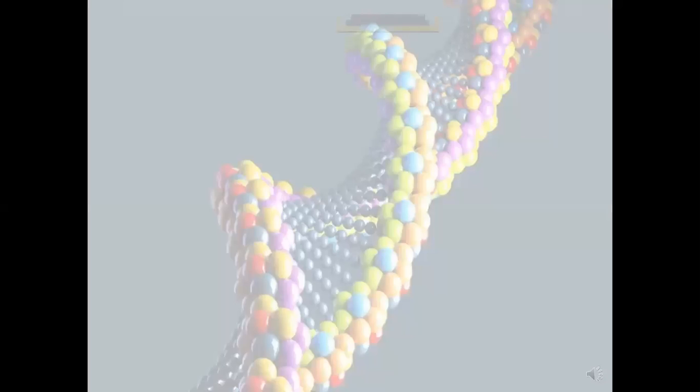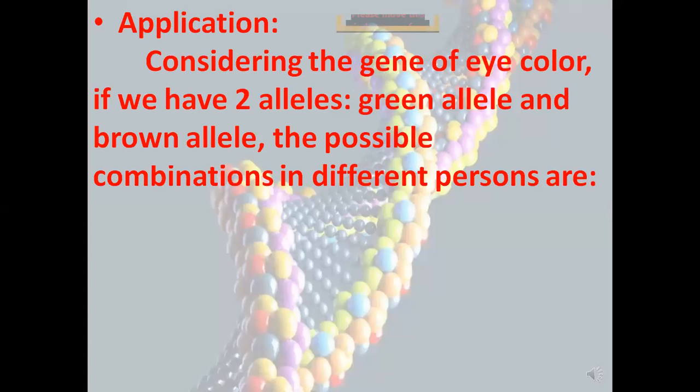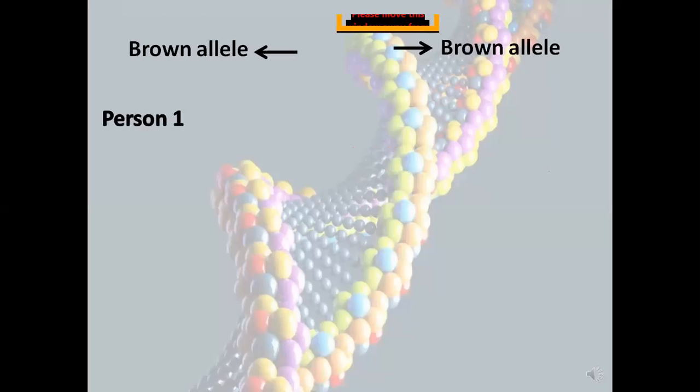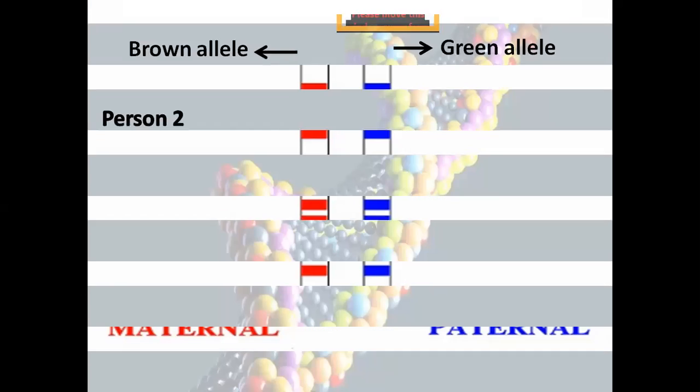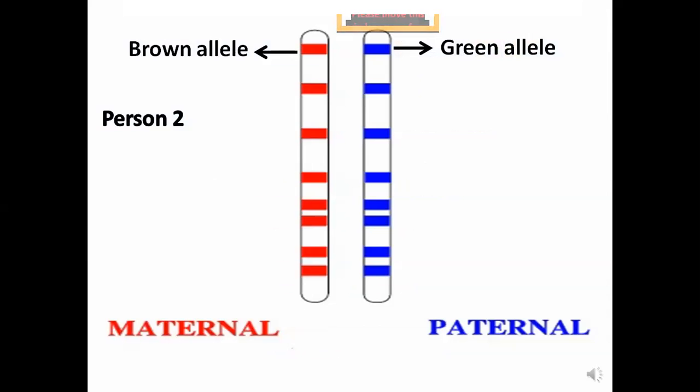Also, we have the gene for the level of thinking and many other genes. Considering the gene for eye color, if we have two alleles, a green allele and a brown allele, what are the possible combinations? Maybe we'll have two brown alleles, one from the paternal and one from the maternal. Maybe we will have one brown allele and one green allele.